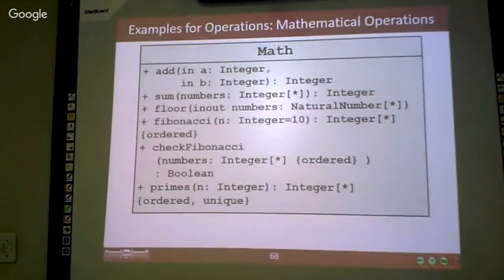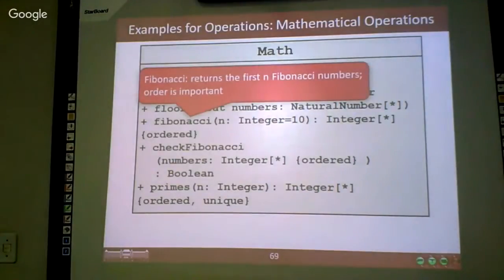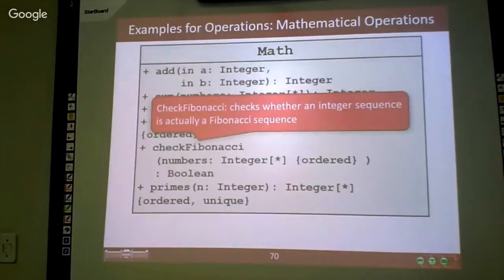And as I mentioned, we also compute Fibonacci numbers. So this operation returns the first n Fibonacci numbers where the order is important, and you can see that we defined the default value to 10. And here you can see that it is ordered. Check Fibonacci checks whether an integer sequence is actually a Fibonacci sequence.